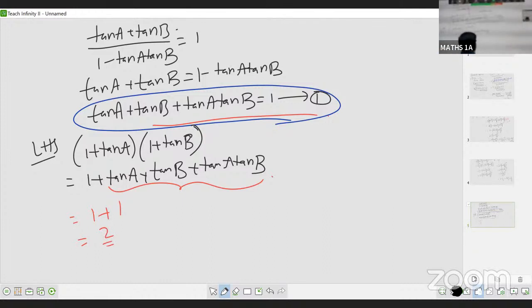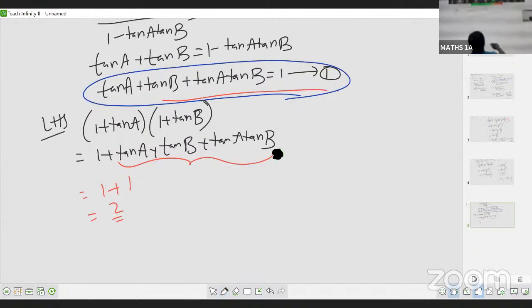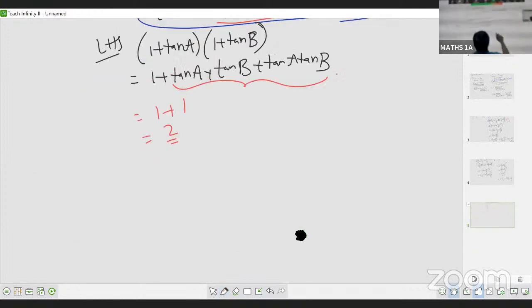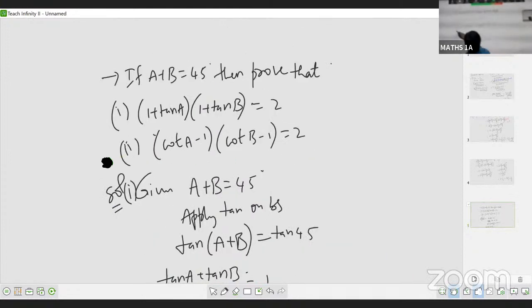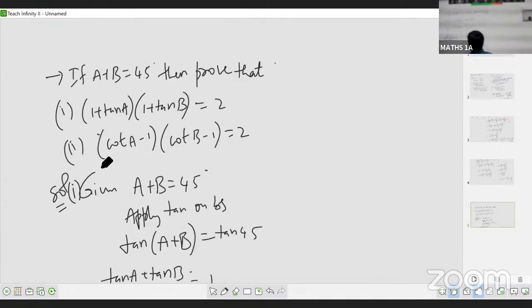Right? What is our second bit? The second bit was in terms of cot. Means here, again you consider this and you are going to take cot on both sides.